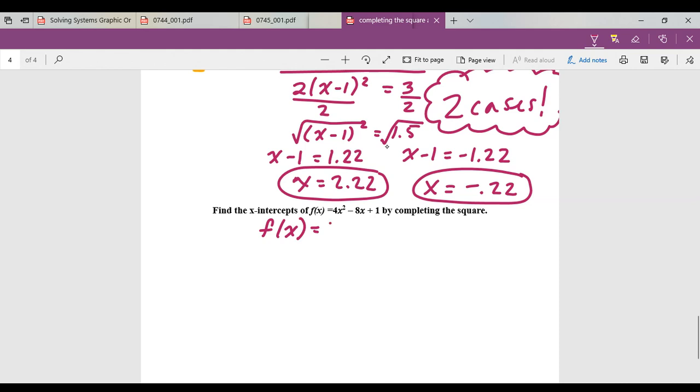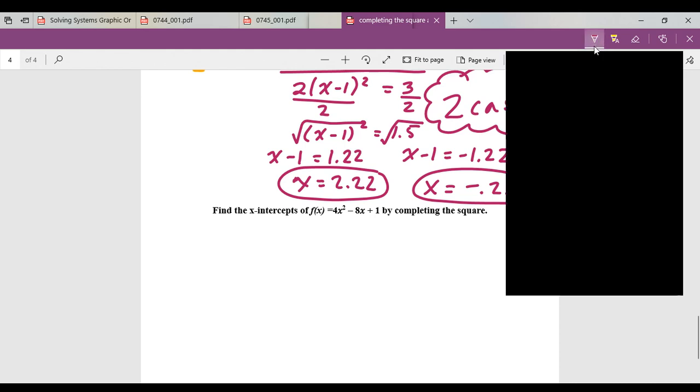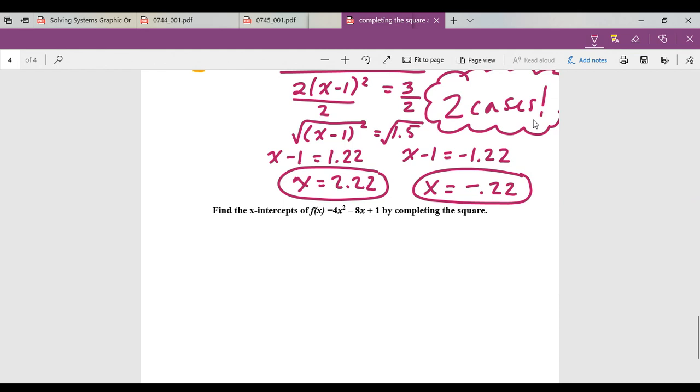All right, so we're going to take out the 4. Oh, this is different. Wait a second. It says find the x-intercepts. What does that mean we have to do? Okay, whenever you're finding an intercept, you're going to make the opposite variable 0. So if I'm finding the x-intercepts, what variable is going to become 0?